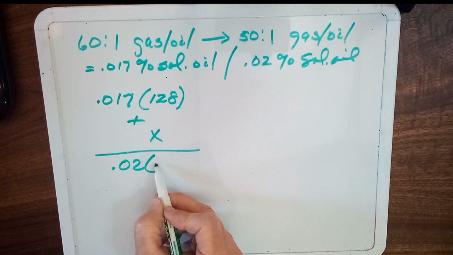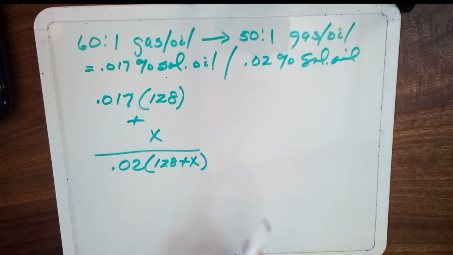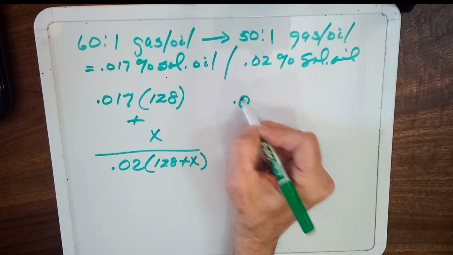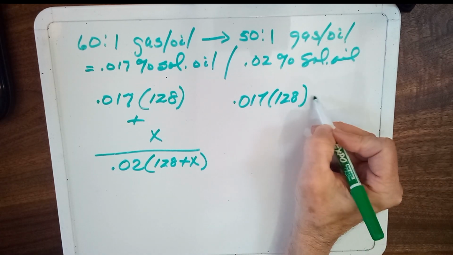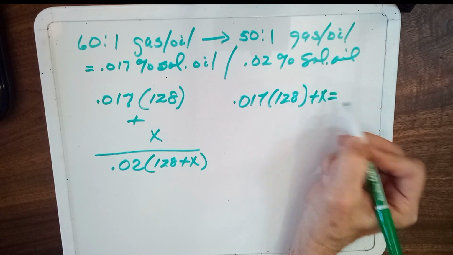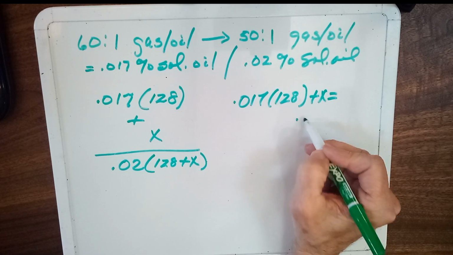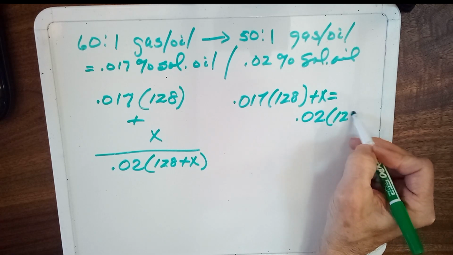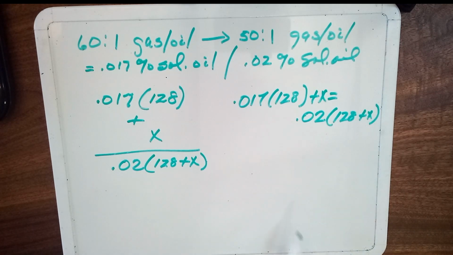So what it's going to be is 128 plus X. So my equation becomes 0.017 times 128 plus X equals, and of course I ran out of space, I'm going to drop it down here, must equal this, 0.02 times 128 plus X. Now all I need to do is go ahead and work the equation.